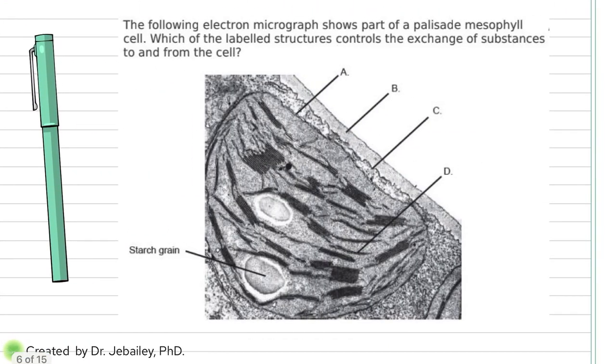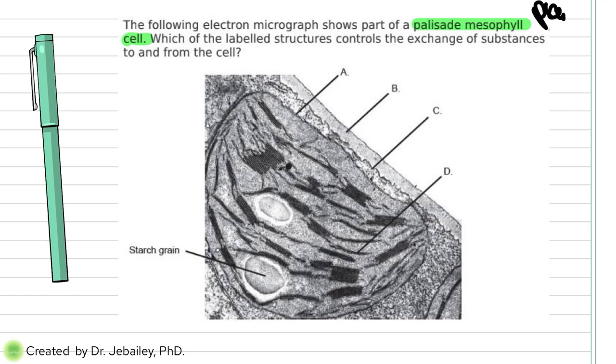Let's move to the next one. Which of the following electron micrographs shows a part of a palisade mesophyll cell? Just by reading this, we are talking about a plant. You should have known this from 1.2. You have to know that palisade mesophyll is in a plant.